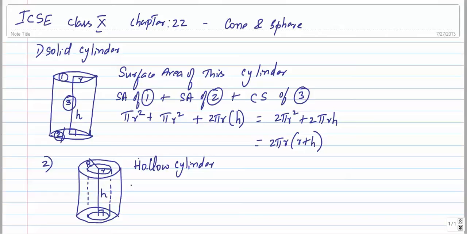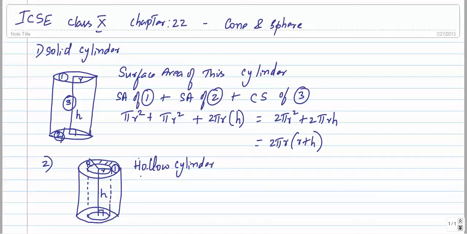We can see that if I want to take the surface area of this particular hollow cylinder, how do I consider this? We can see that at the top we have this portion cut out. So what is this portion? Let me call this 1. I should take only the hatched area, right?